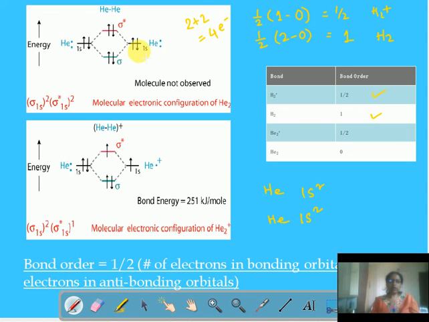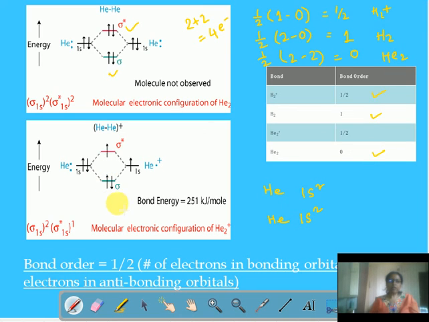Two of them will go to the bonding molecular orbital and two will go to the antibonding molecular orbital. If we calculate the bond order, it is half into 2 minus 2, which is equal to 0. So for the He2 molecule the bond order is 0.